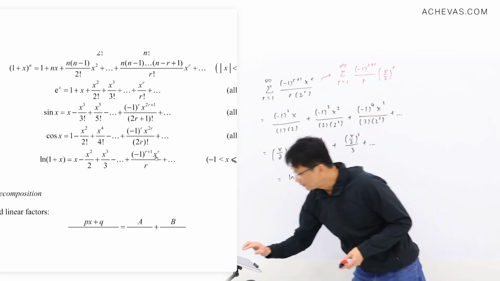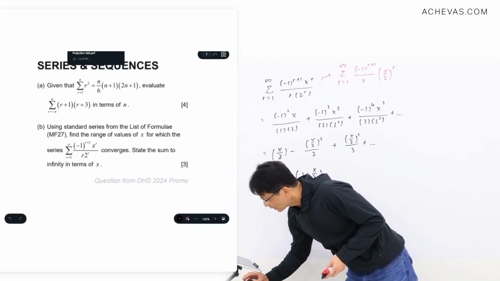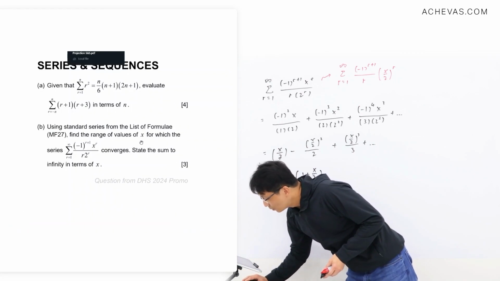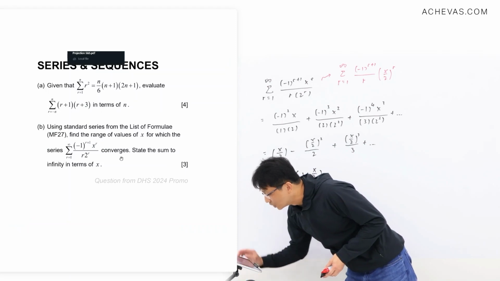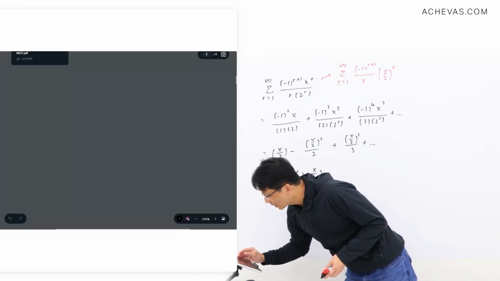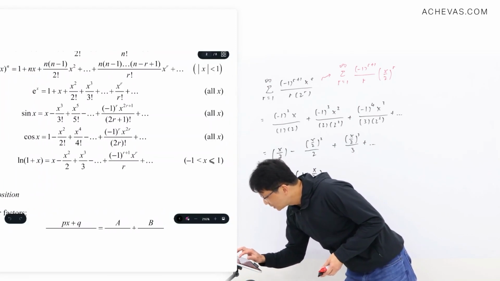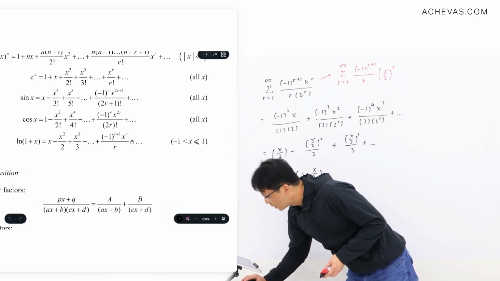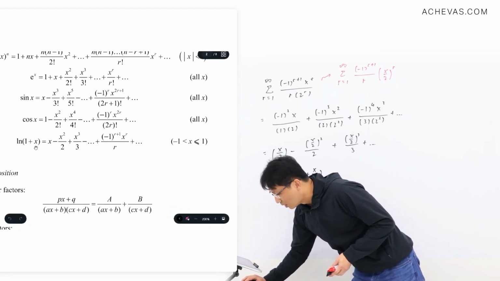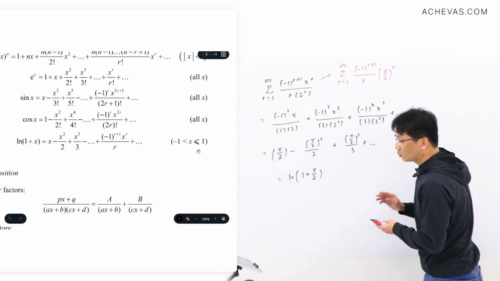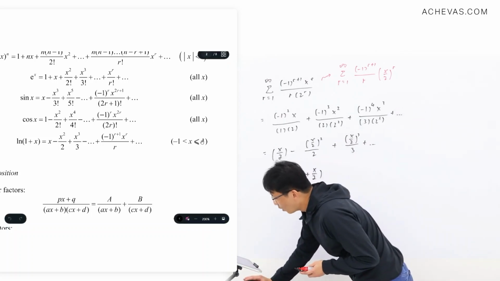But the first part of the question was asking us to find the range of values of x for which this expression converges. If you refer back to our formula list, there's a range in which the expansion is valid for ln 1 plus x, which is this range here: minus 1 less than x less than or equal to 1.